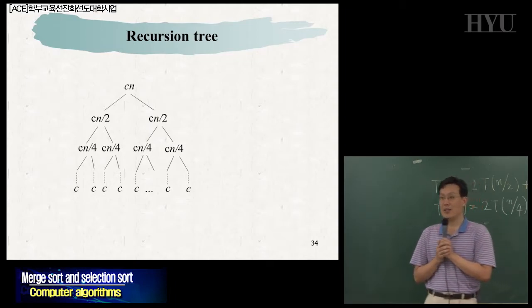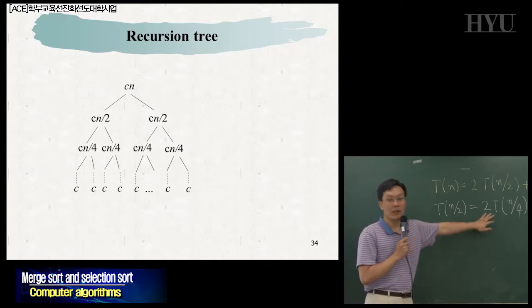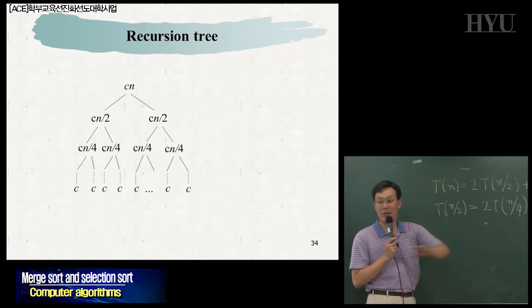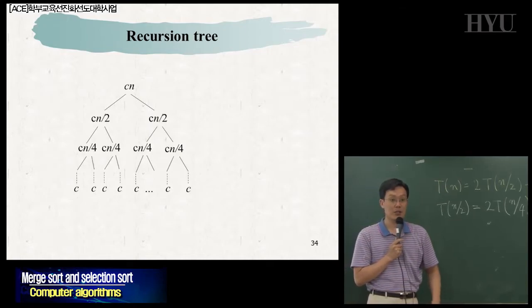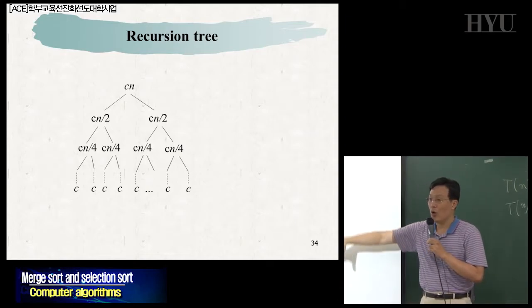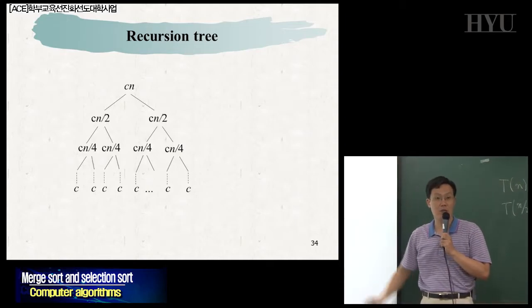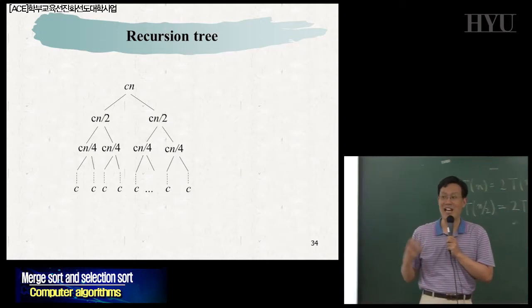Okay, then now there is no T of something term in this recursion tree. So we can add all the terms in this recursion tree. Now let's add.